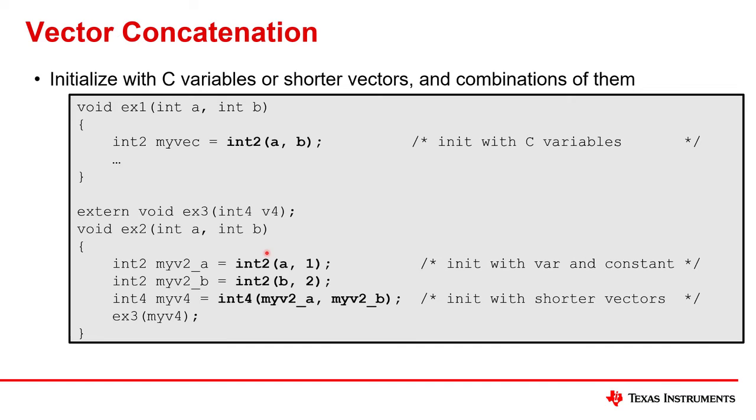This next example, we're initializing a vector with two elements with an argument from the function and a constant, and we repeat that with this second example with a different argument. This third example, a vector with 4 elements, we are initializing it with 2 shorter vectors. Now keep in mind, throughout all of these, you have to match the number of initializers with the number of elements in the vector.